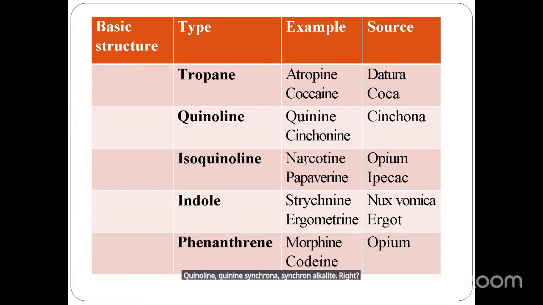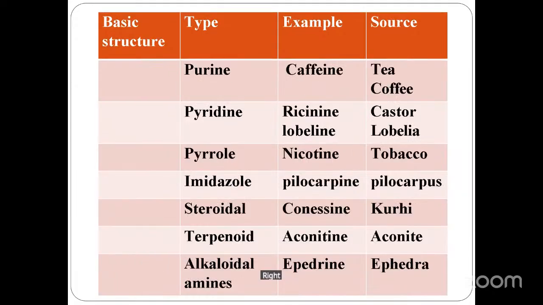Then isoquinoline, there is narcotine and papaverine. Narcotine is from opium poppy. Ipecac; the indole, strychnine, nux vomica, ergometrine, ergot, phenanthrene. We'll take this fast, this part you have already finished. Then purine, caffeine. We just have to revise.